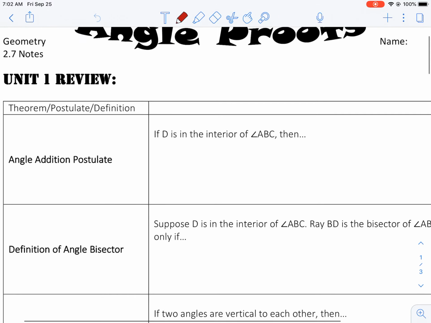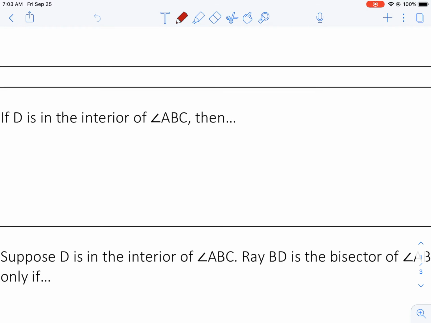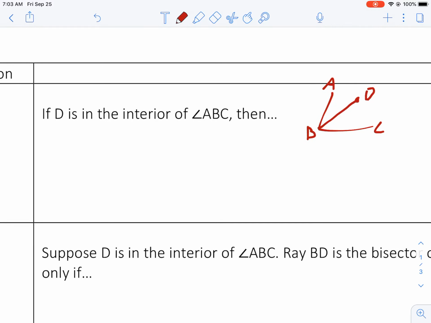Again, just like segments, we're going to start by going over the angle addition postulate. The angle addition postulate says that if D is in the interior of angle ABC, so if this is A, B, C, and D is somewhere in the interior of that, then angle ABD plus angle CBD equals angle ABC.